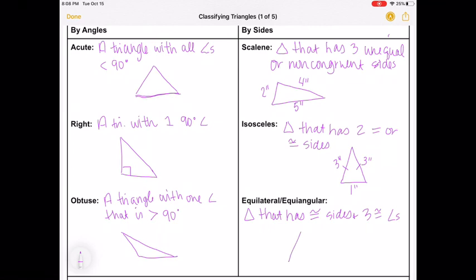All right, so maybe each of them is 3 inches, and I'm going to mark that they're congruent there. And since it's equiangular as well, I would show congruent with our little line there. Okay? All right, so different ways to classify there.